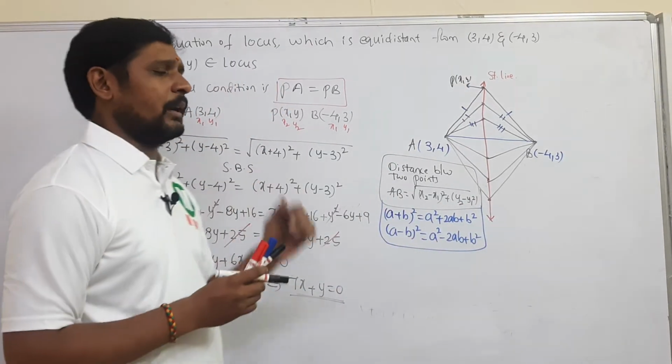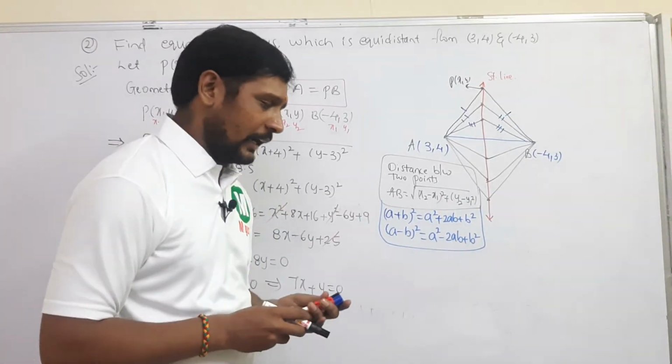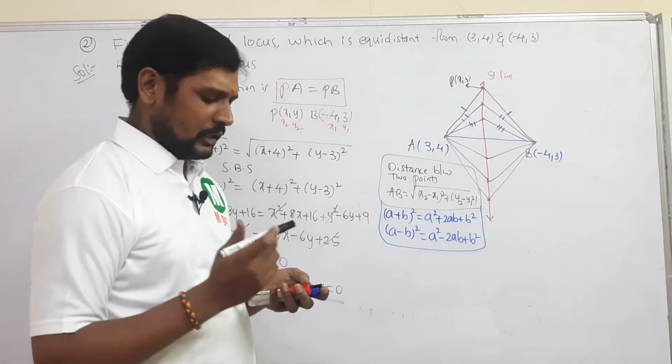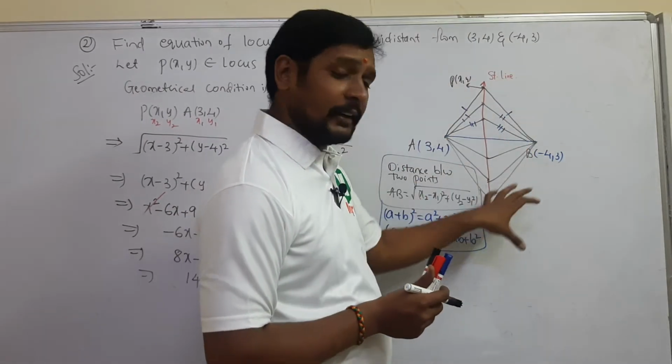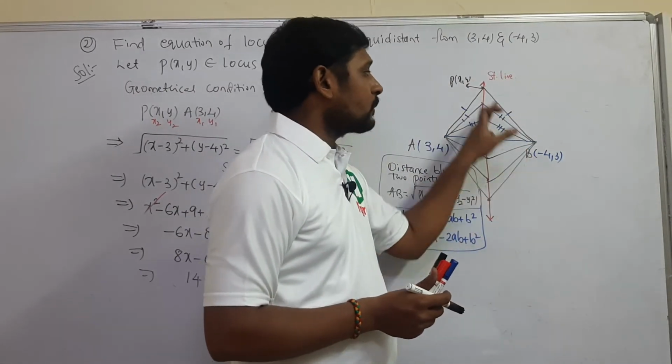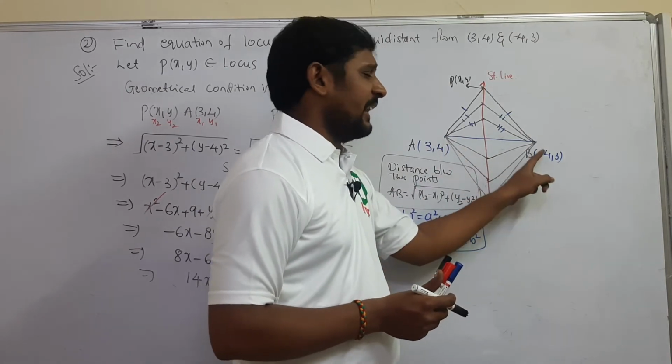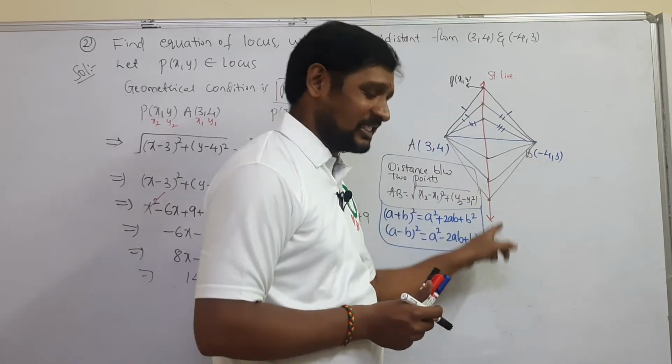The same problem, if you want to do it as a shortcut using the JEE method, what do we do? You already know that the locus of a point which is equidistant from 2 points is a straight line.